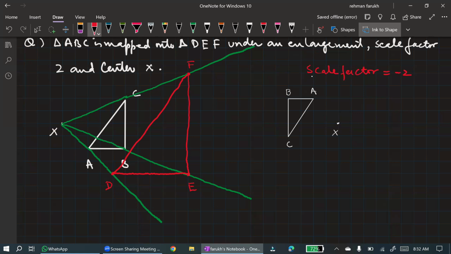I will join A with X and extend on the other side, not on the same side. Because if the scale factor is negative, then the center is in between image and the object.